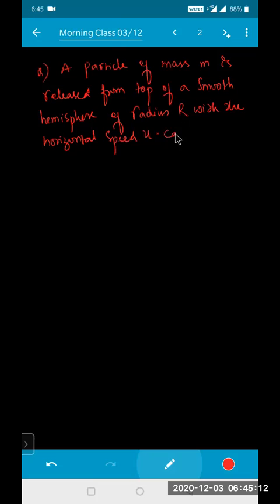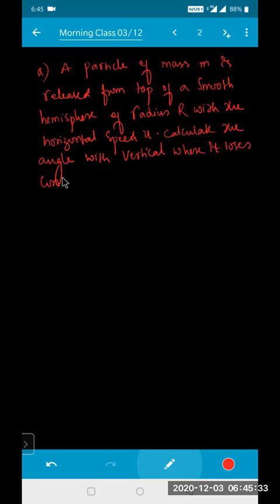Calculate the angle with the vertical where it loses contact with the hemisphere.